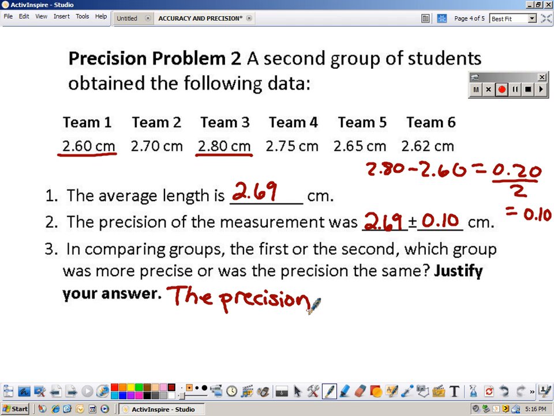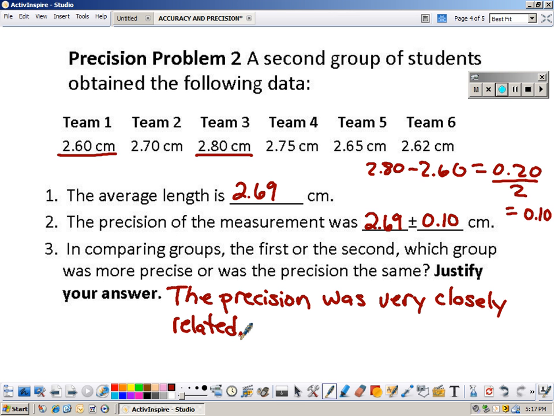I think that's a good enough answer for our purposes here, where we're just trying to introduce precision and accuracy. So we'll say that precision was very similar, or very closely related. And that'll answer question 3 in problem 2.